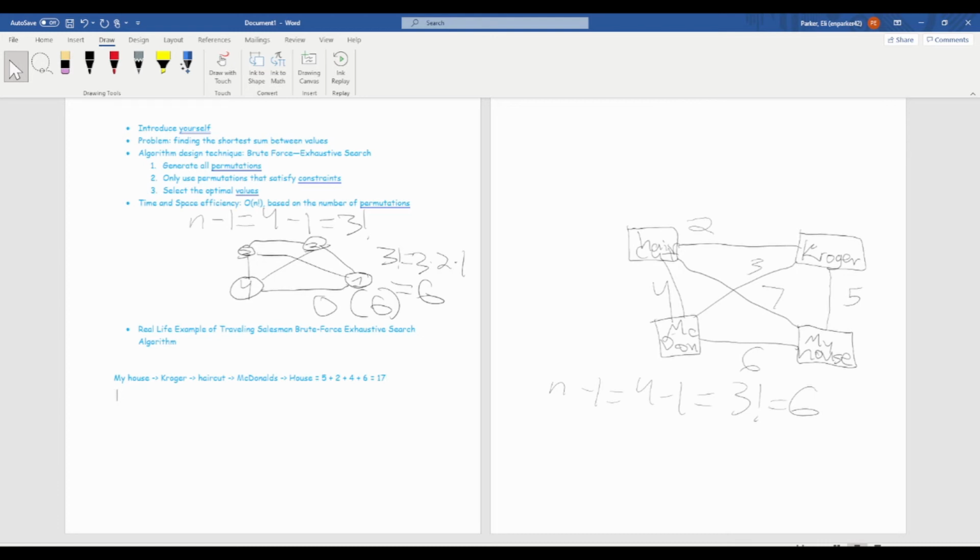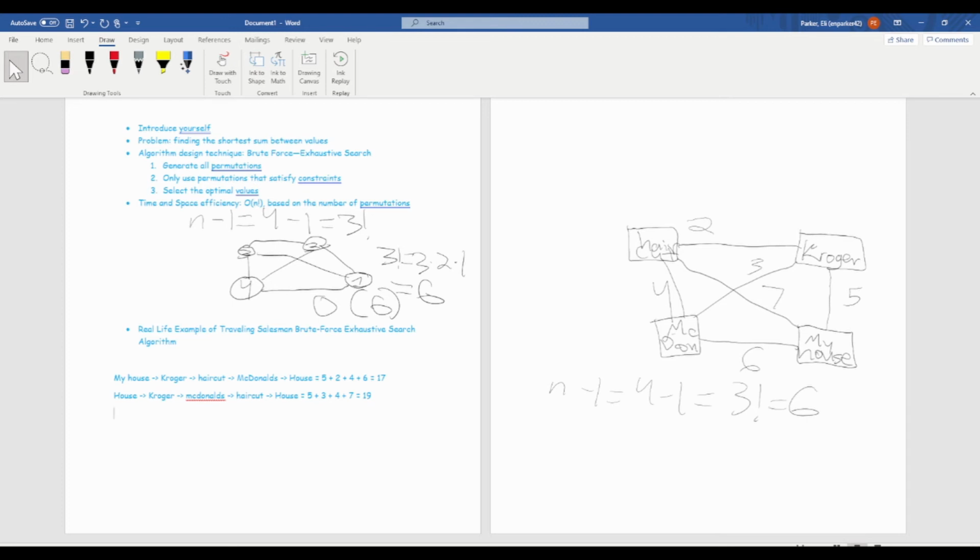Then house to Kroger to McDonald's to haircut to my house is 5 plus 3 plus 4 plus 7, which is 19.